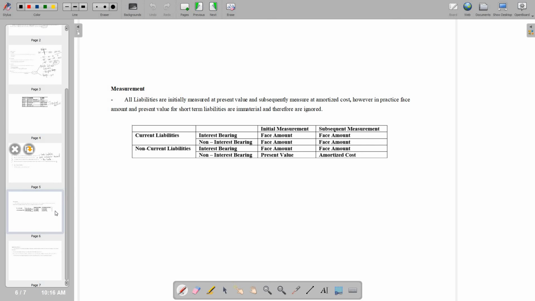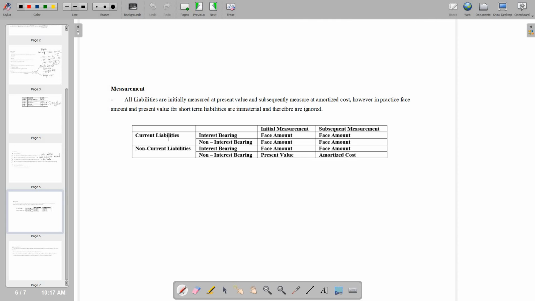Now, what about measurement? Okay? For the measurement of liabilities, theoretically, liabilities are initially measured at present value and subsequently measured at amortized cost. But in practice, that is not true. Okay? So of course, we go first with the reality.